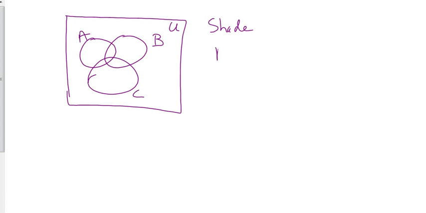A union B prime intersect with C. So A union B prime intersecting with C. So what's the first thing you're going to do?